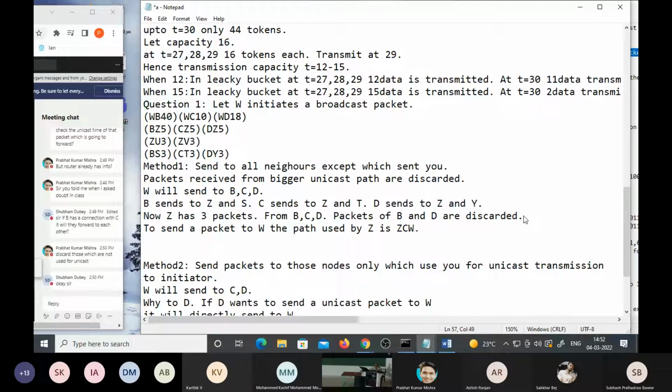So any packet which Z gets from other than C will be discarded. Is it correct? Is this all right? Yes.